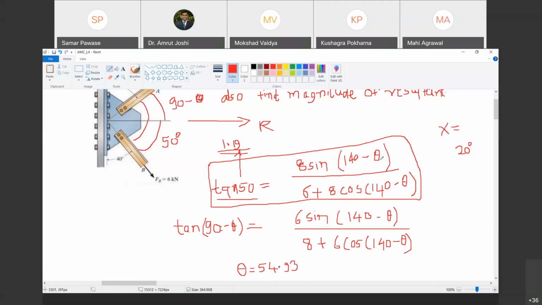Substitute theta equal to 54.93 here and tell me the RHS. Okay, sir. So it's 1.74. तो कुछ तो गड़बड़ है ना?